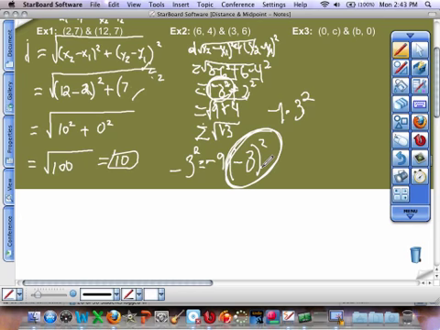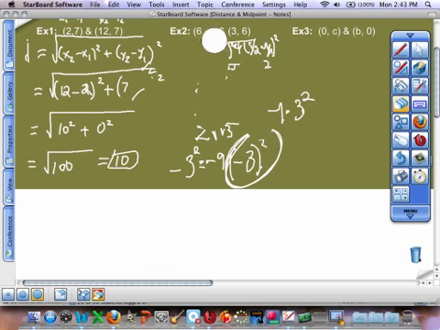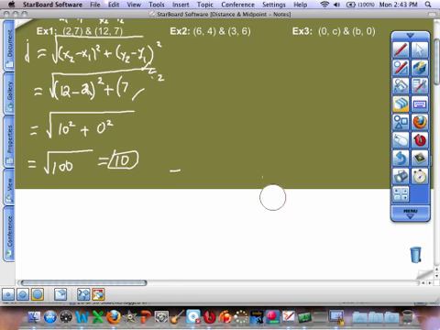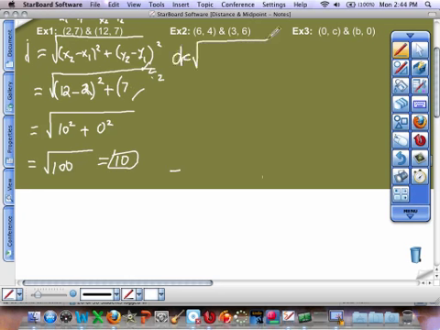The easiest way to do this problem is to avoid the negatives. I'm going to erase all of Morgan's hard work out here. So the distance formula is square root. Distance between my x's.